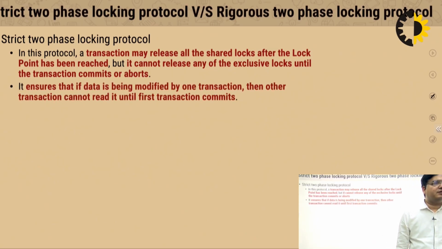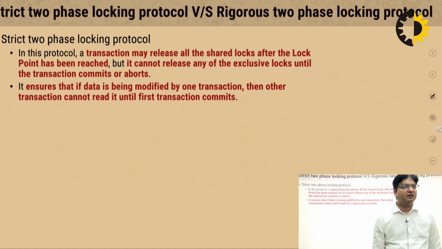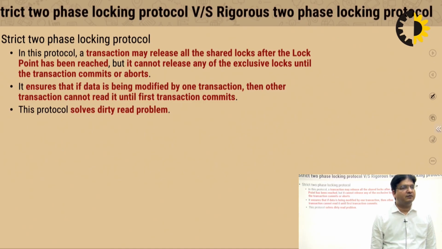It ensures that even if the data is modified by the transaction, other transactions cannot read it until the first transaction commits it. That is the main crux of this protocol. This protocol solves the dirty read problem that I was telling you earlier.